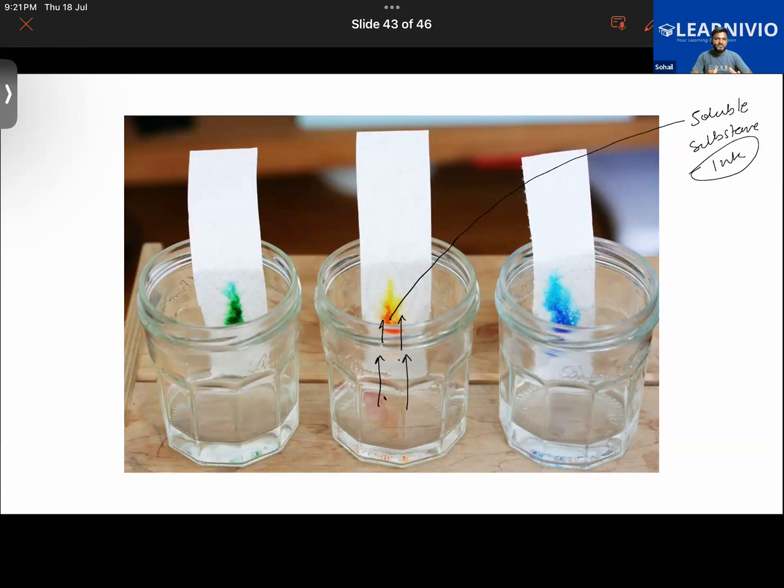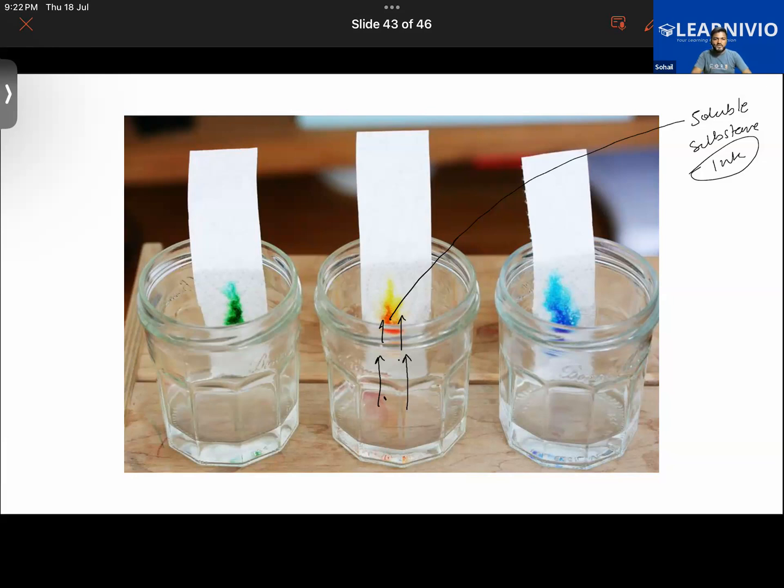Are the components of the mixture solid or liquid? Are they both solid or both liquid? Sir, they are both liquid. Exactly. They are both liquid.